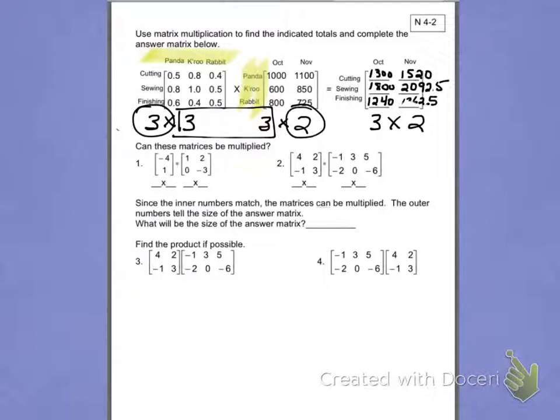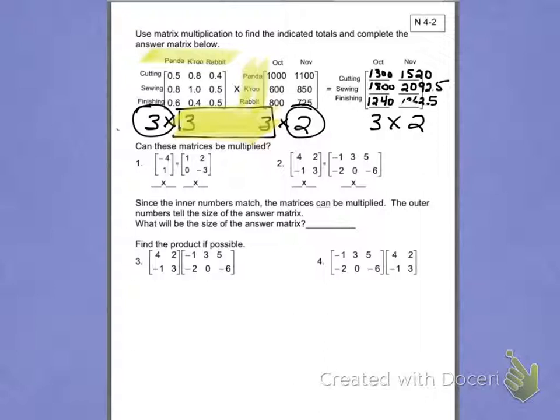That will tell you how big your answer matrix should be. So, these inner dimensions have to match right here, because they match the labels. If those don't match, you cannot multiply the matrices, and so you just have to say it's not possible. You can't do it.